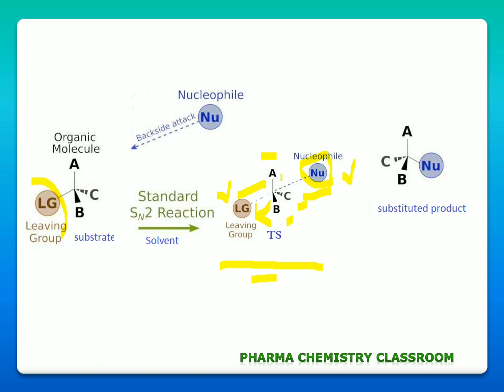Total 5 groups are attached on the carbon in this transition state, and eventually the bond between carbon and nucleophile forms firmly and leaving group leaves the substrate and we get a substituted product. This is the mechanism.